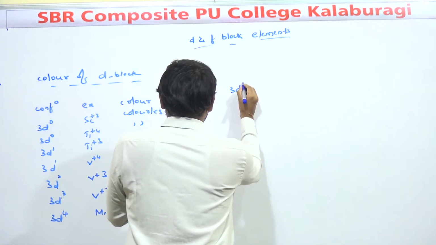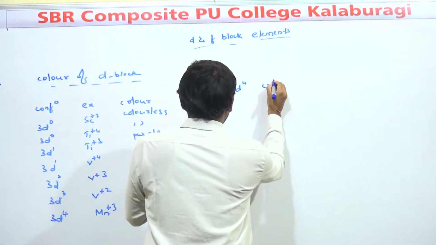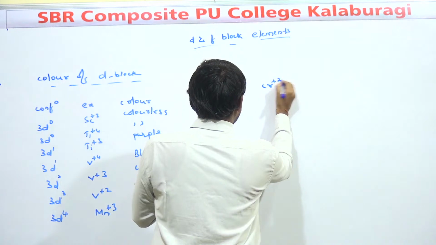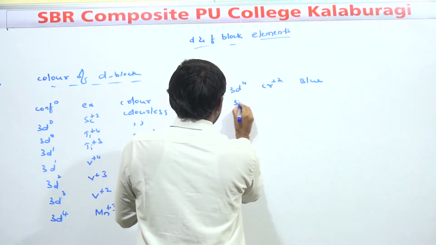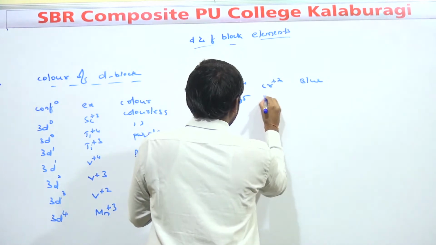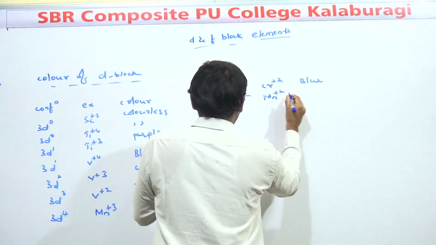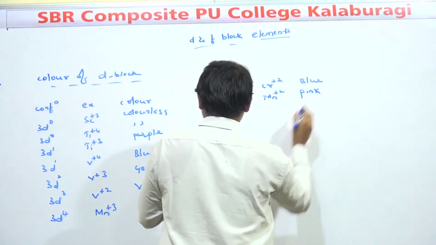Configuration is 3D4. Example is chromium in +2 oxidation state, and the color is blue. 3D5 configuration, manganese with +2 oxidation state, color is pink.